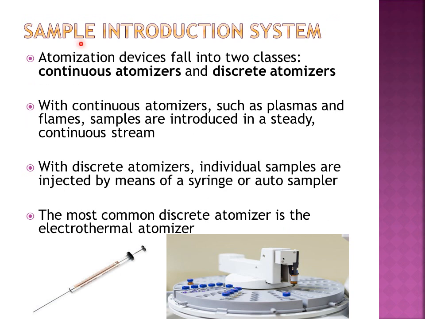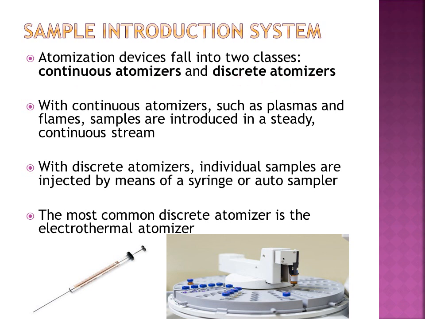Now we are going to see the sample introduction system, means how sample is introduced into the system. So atomization devices fall into 2 classes. All of the atomizers I mentioned earlier in the table can be put into 2 classes: continuous atomizers and discrete atomizers.